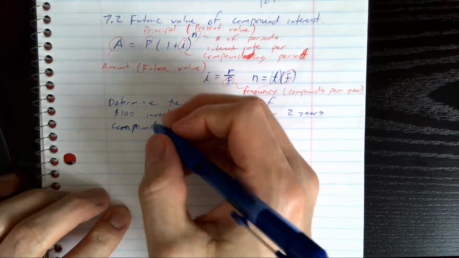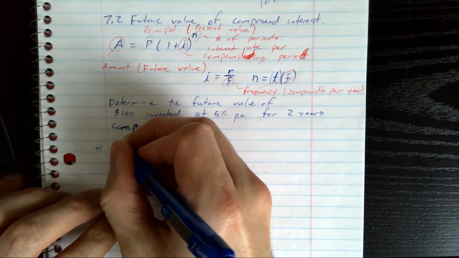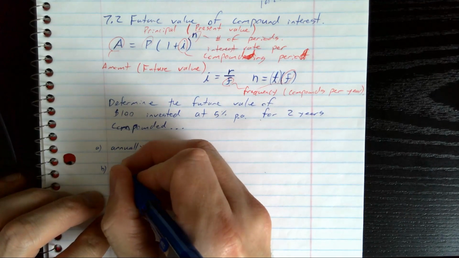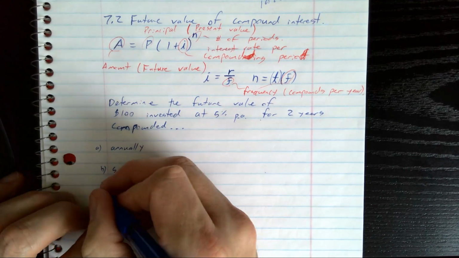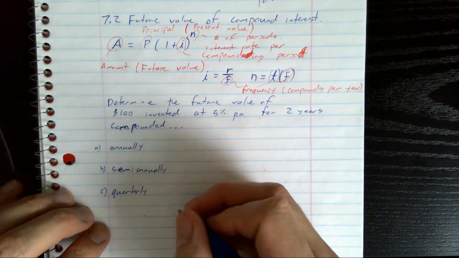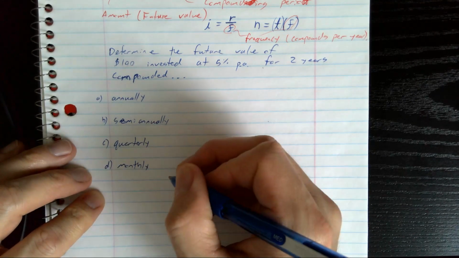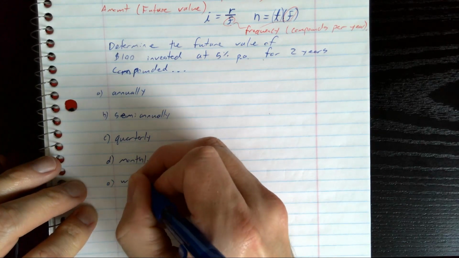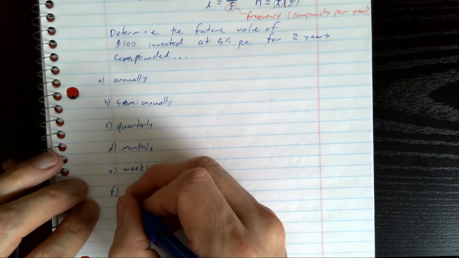So let's try going annually, semi-annually, quarterly, monthly, and let's jump to weekly. And then let's pretend that we could find an investment that gives me interest daily.